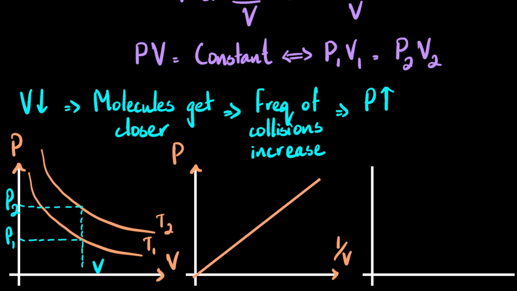A third graph which is sometimes asked is if you have the product PV on the y-axis, and on the x-axis you can have either P or V. In this case, since PV is a constant and does not change with any values of pressure or volume, this is just a horizontal line like this. So a graph like this is what you get.